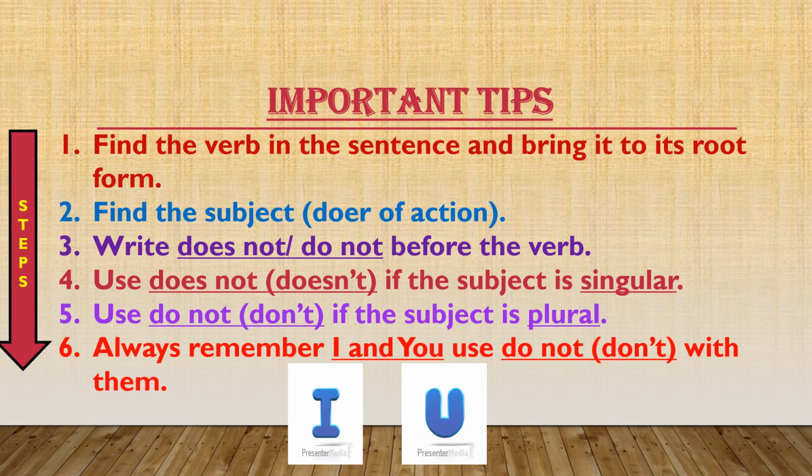If the subject is singular, use does not before the verb. And if the subject is plural, use do not before the verb. And if your subject is I or you, just use do not. That's all you have to do and your sentence will change into negative.